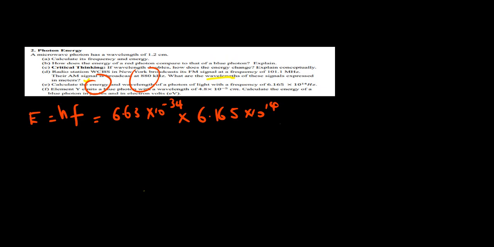So what are we going to have? On my end, I'm getting 4.09 times 10 to the power negative 19, that's what the calculator is showing. This is energy, so it's measured in joules, so I'll put the joules like that.